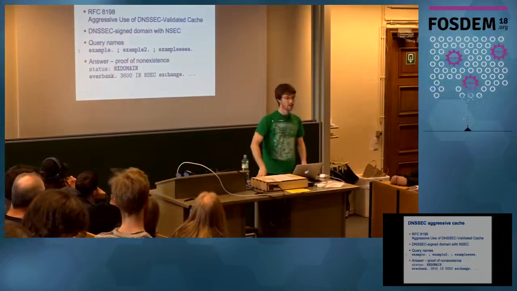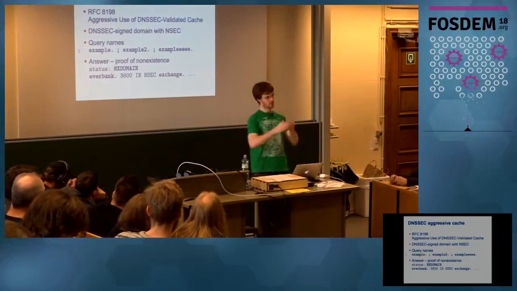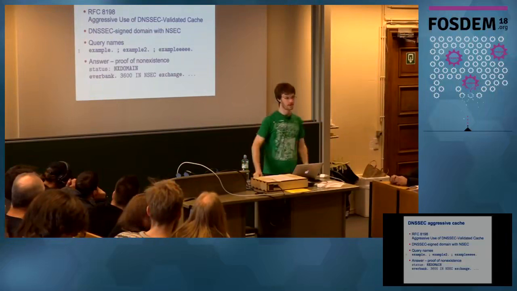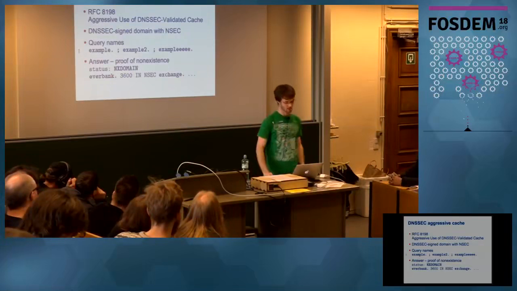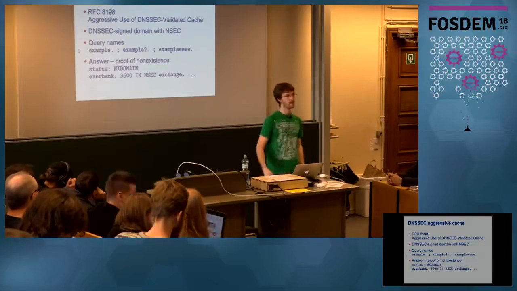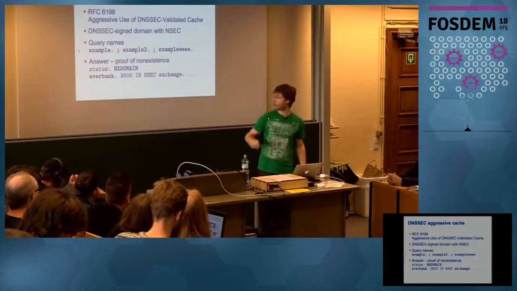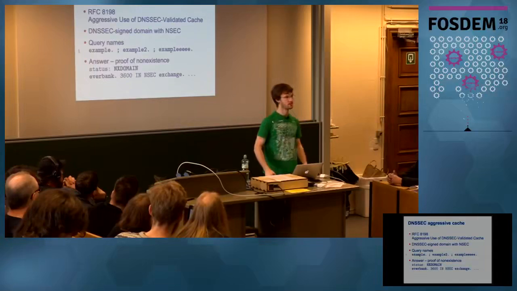And this data, plus the cryptographic signature, which is not on the slide because it's this big garbage, proves that there is nothing like that, and the resolver will reply to the client NXDOMAIN, no such name, and so on. And the trick we are talking about here, the aggressive caching, is basically storing this proof in the cache and reusing it again for new queries, which we haven't seen before.